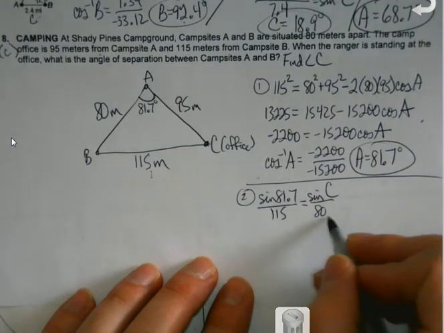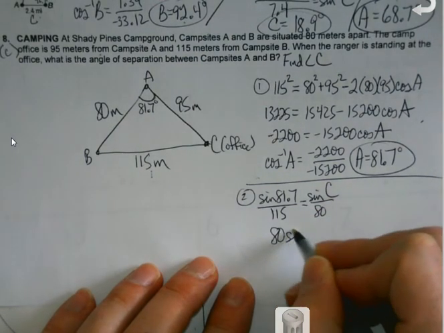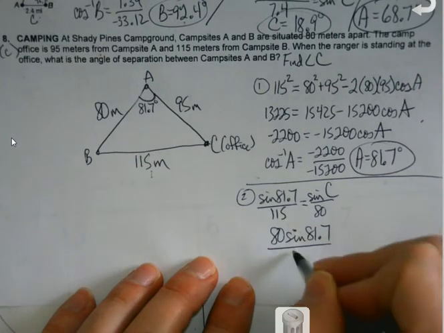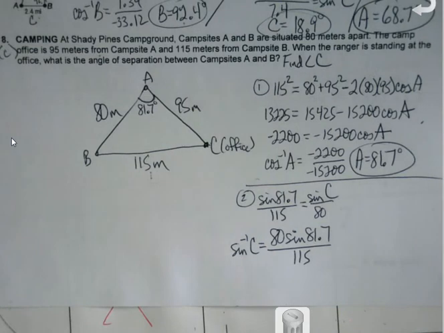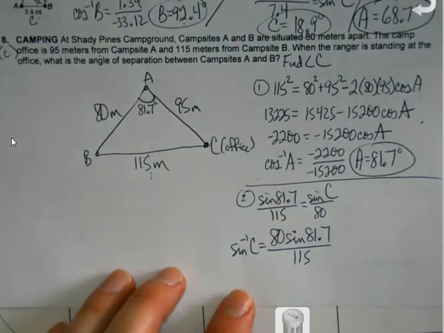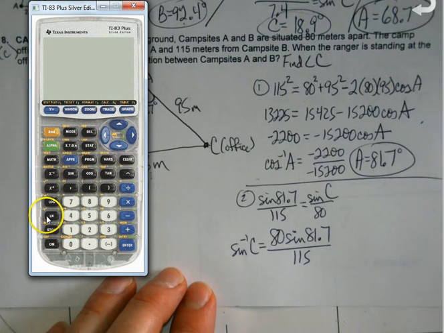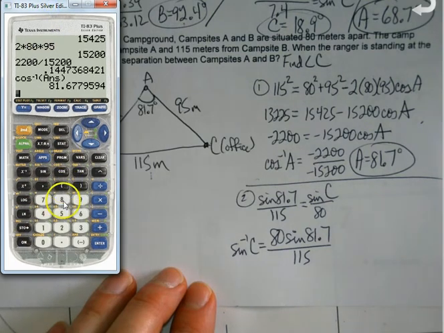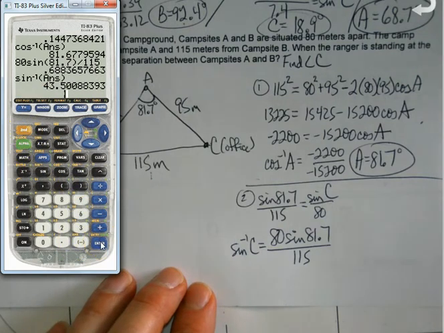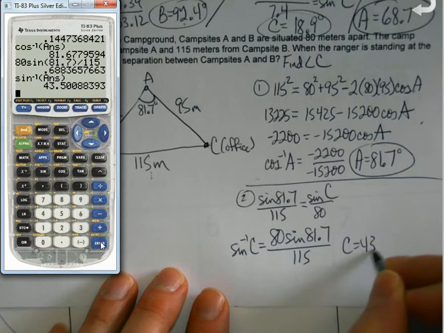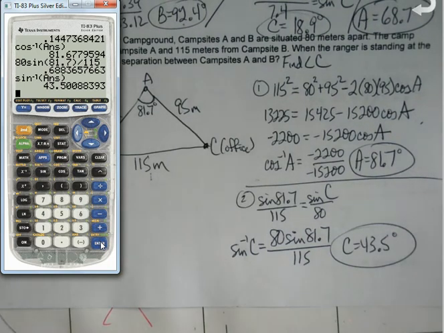So again, there's my portion that doesn't have my variable, because I'm going to divide by it. Let's see what we get here. We're dealing with sine, and I've got myself that value.